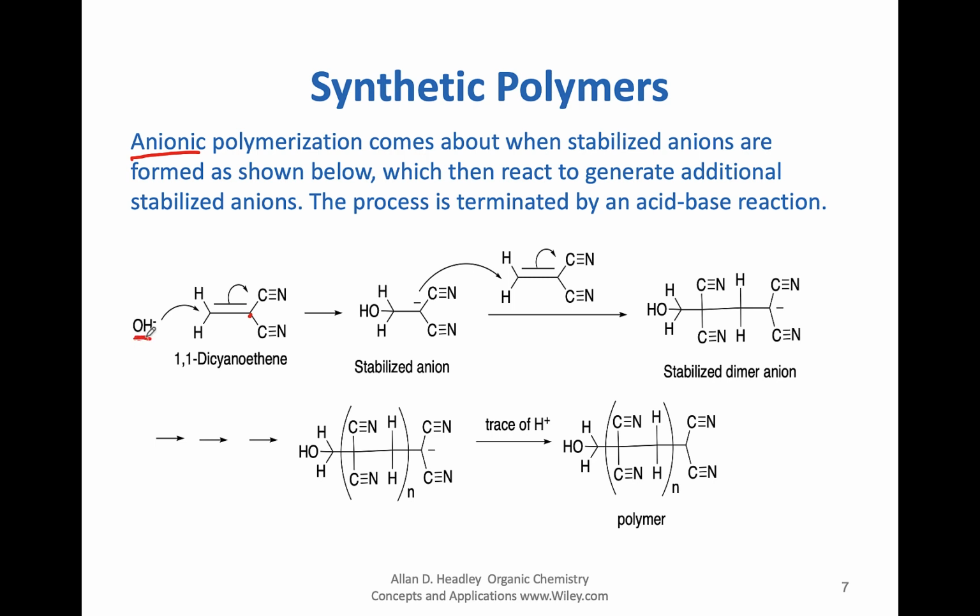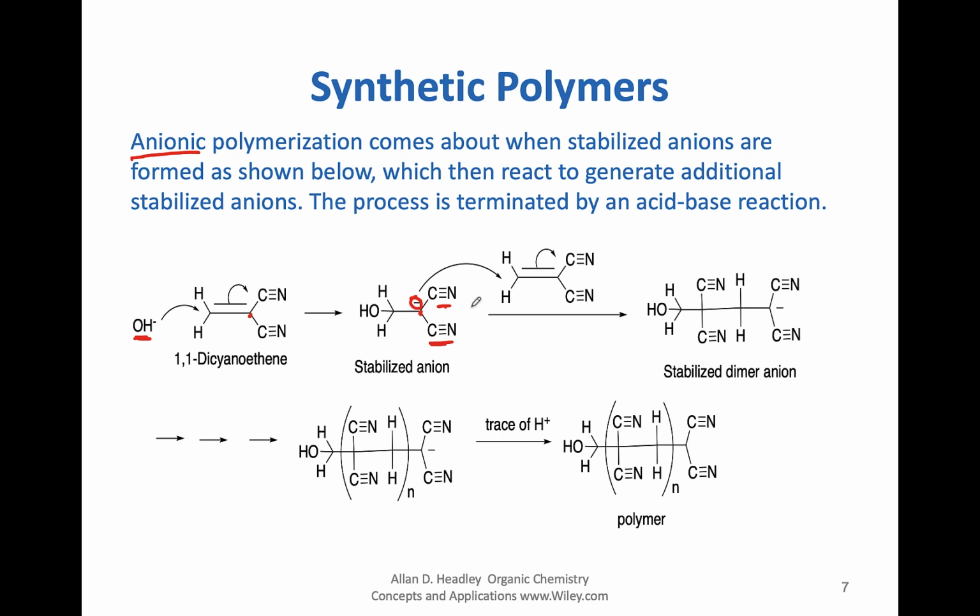And in the presence of a trace amount of OH, it bonds here. And of course, we have a very stable resonance structure, putting the negative charge here and two electrons. That's stable because that negative charge and the two electrons can be delocalized into any of these cyano groups.